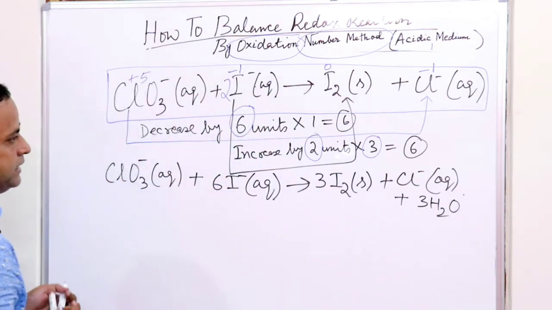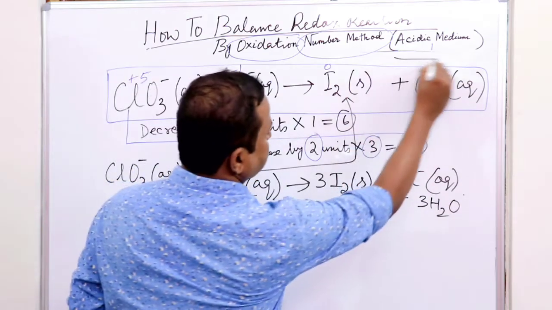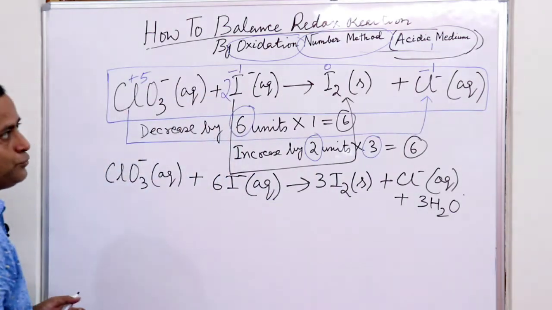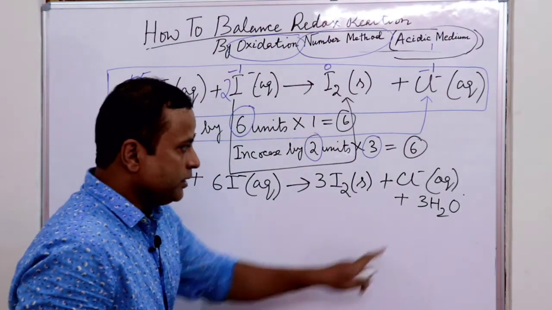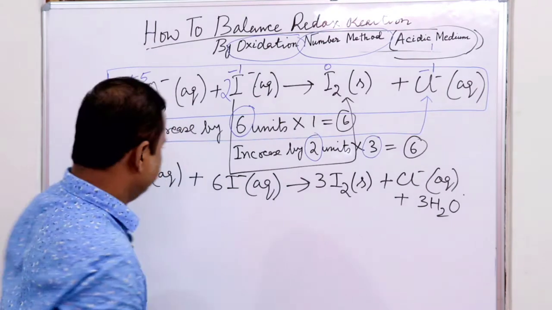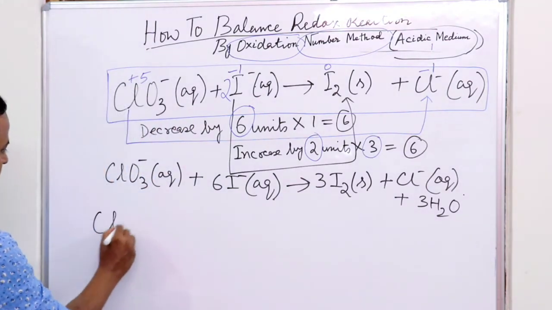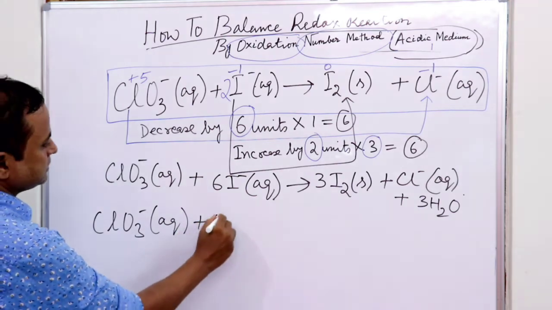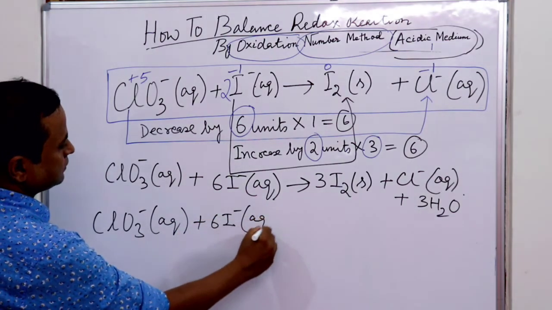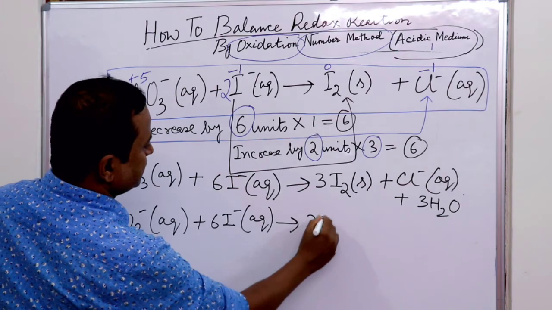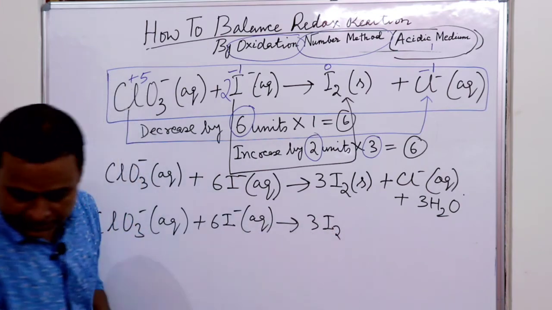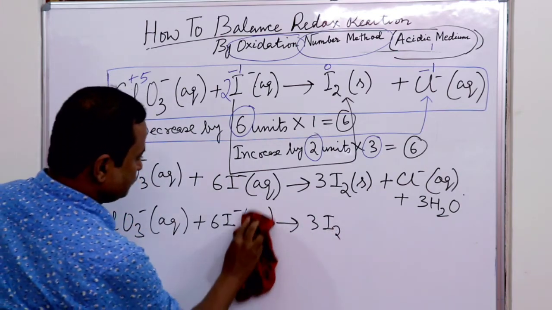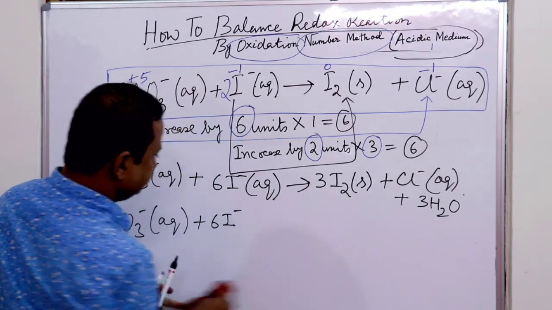Now the next step, this equation is in acidic medium, okay? So we have to add H plus ions in order to balance the hydrogen atoms. So let's do it. ClO3 minus plus 6I minus, giving us 3I2. Let's leave some space here because we have to add hydrogen.